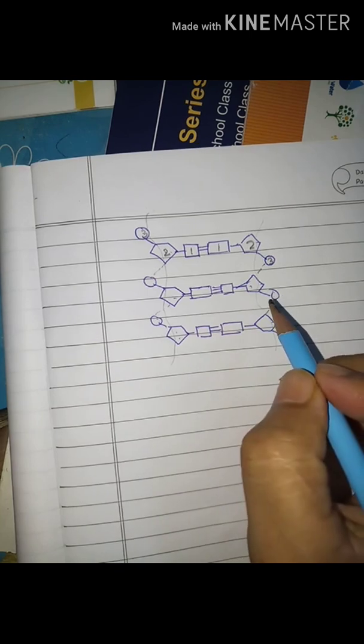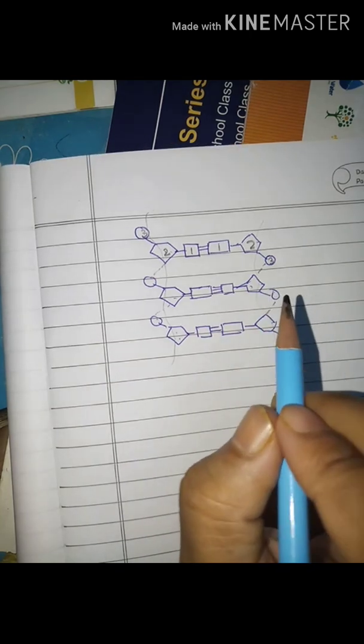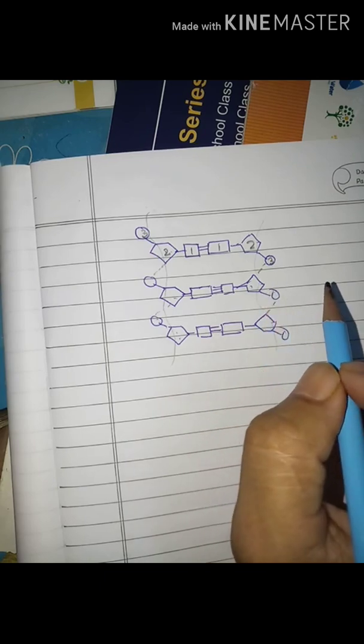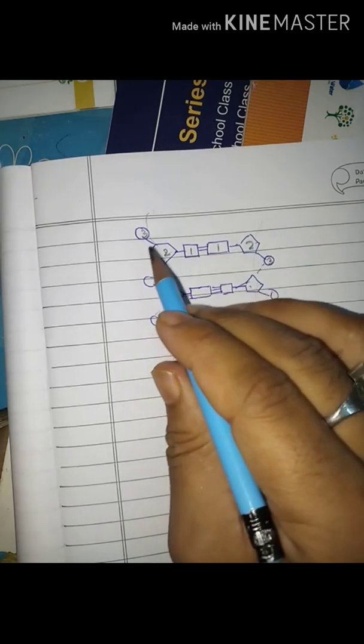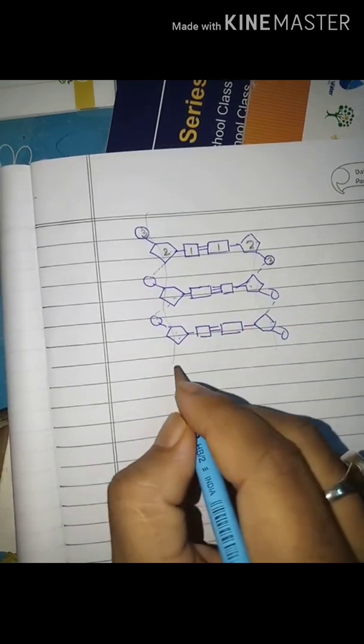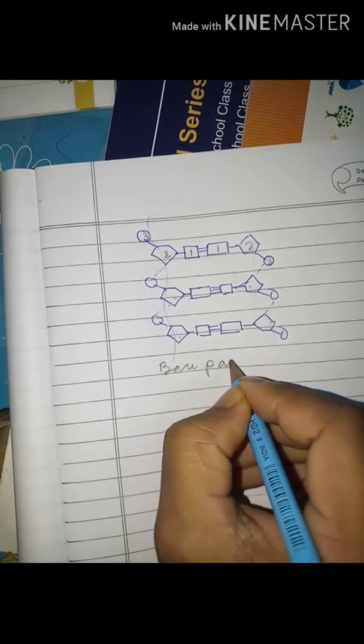Now dear students, what pattern of question will be asked from this unit? One figure is there either in your content or in the exercise, and the first question will be asked: how many base pairs are shown in the figure? Number of base pairs.